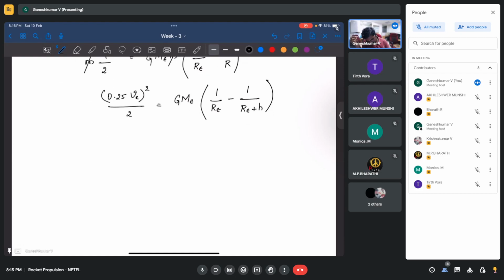So this is coming out to be 0.25 into 11.2 into 10 power 3, square divided by 2. So this side is coming out to be 3.92 into 10 power 6 is equal to, what is G Me?